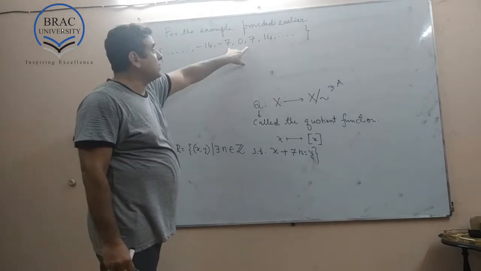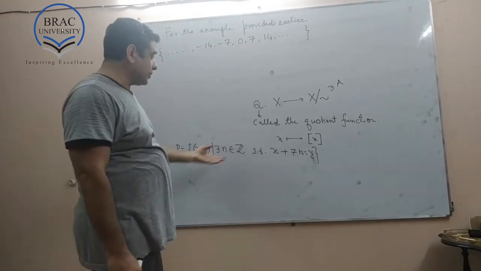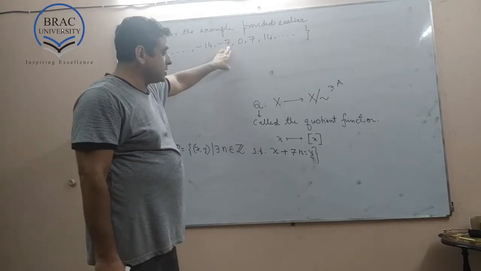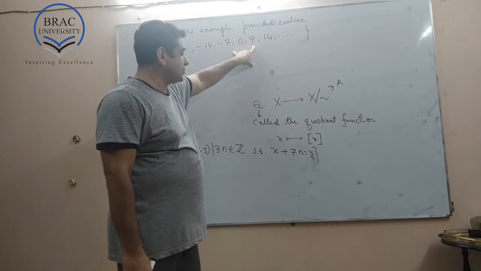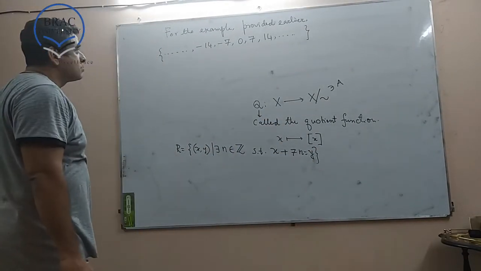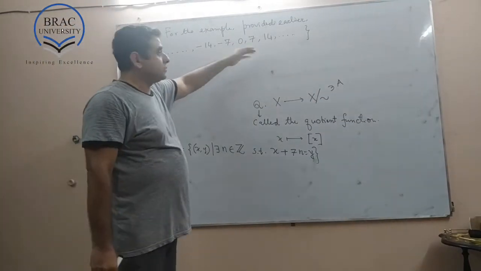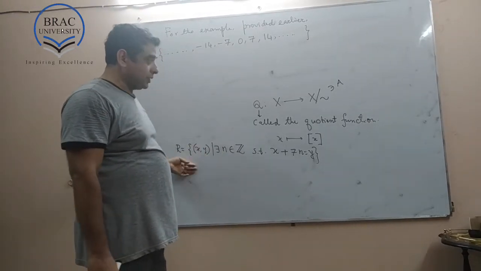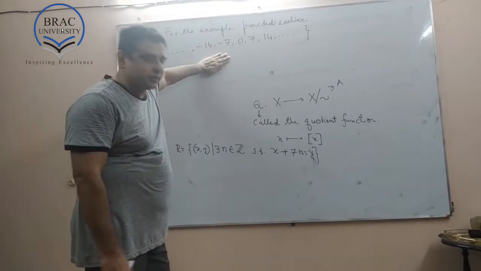All the elements in this set are equivalent because they satisfy this condition. -7 is equivalent to 7 since their difference can be written as 7 times some n. So they belong to the same class. This is one equivalence class.